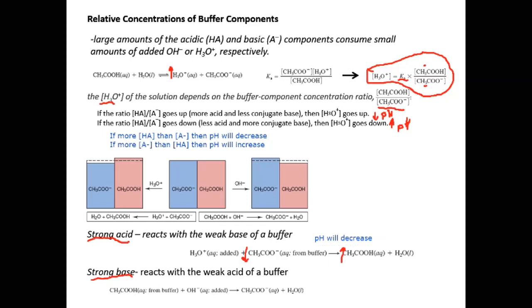Now, if we add a strong base, we're going to decrease the amount of hydronium ions in solution. So therefore, the weak acid will react with the strong base to form more weak base.